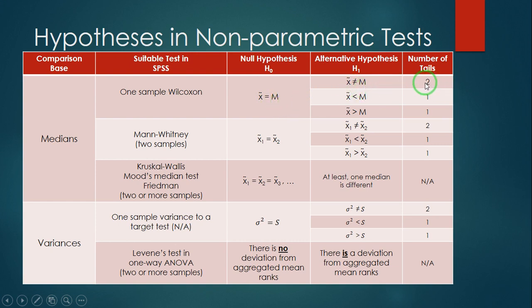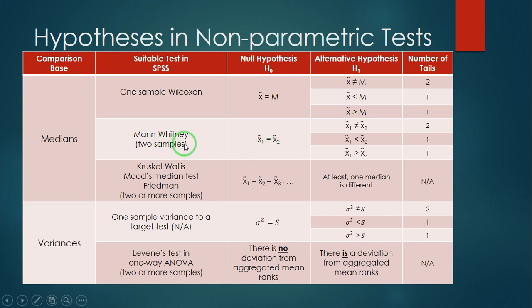And for a two-tailed test, the hypothesis would be X tilde is unequal to m, and for one-tailed tests, it could be either X tilde is smaller than m or X tilde is greater than m. To find out more about the number of tails, I mean one-tailed and two-tailed, you can watch my video on parametric data analysis.